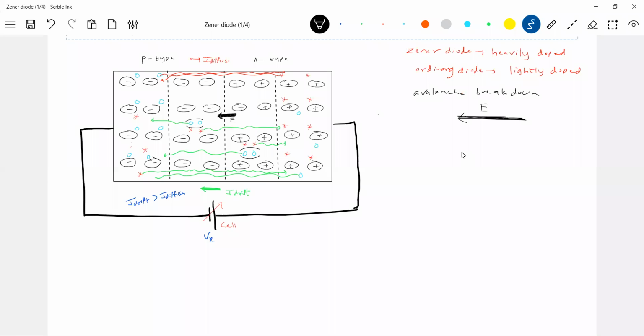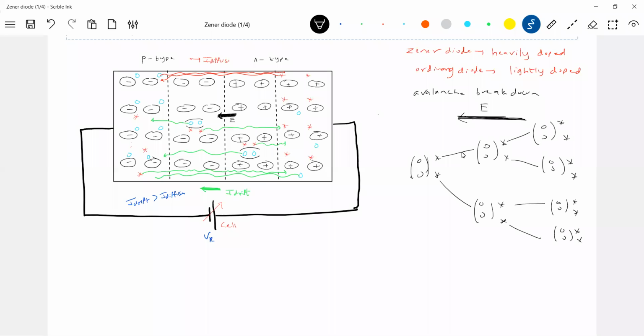Due to the covalent bond, this electron will get accelerated, it'll go and break this, and in turn this also will move. I'm not showing the hole, only the electron. Both hole and electron. Who will give energy to the minority carrier generated? This electrostatic field.